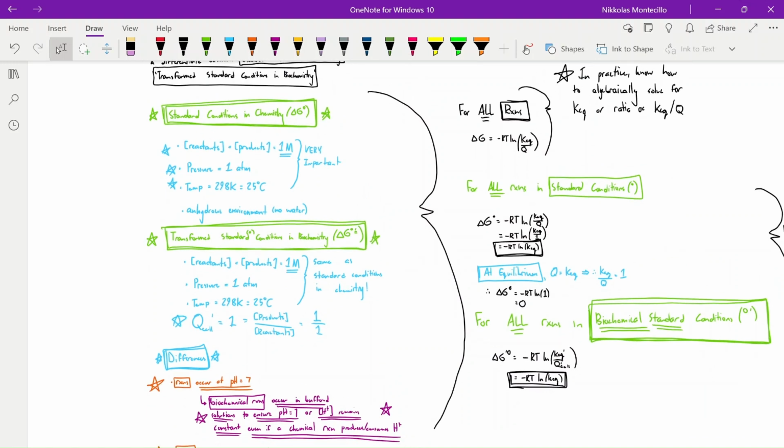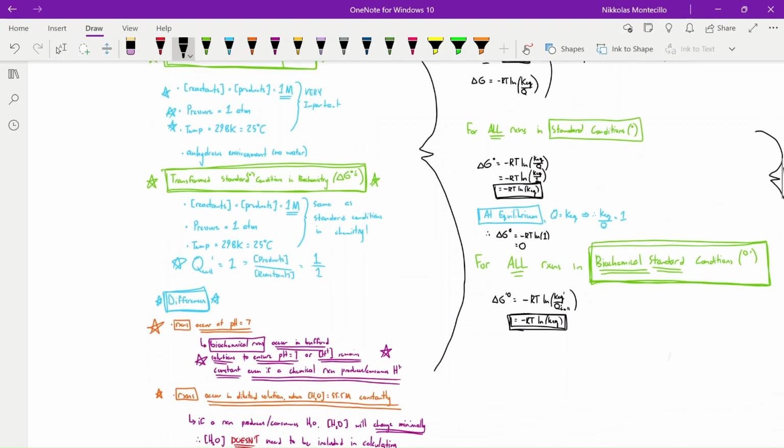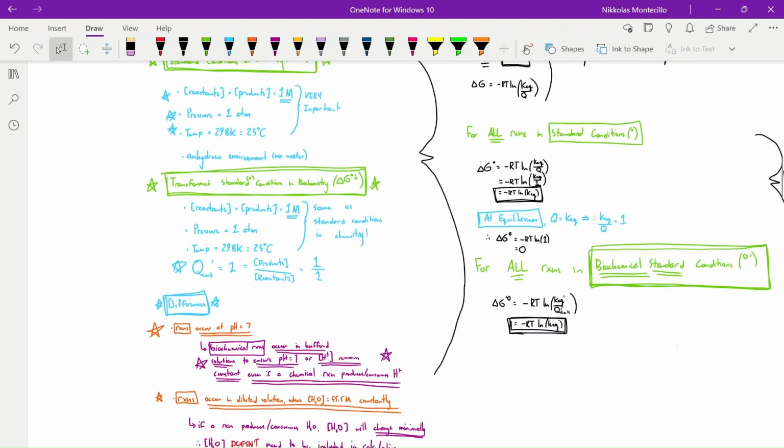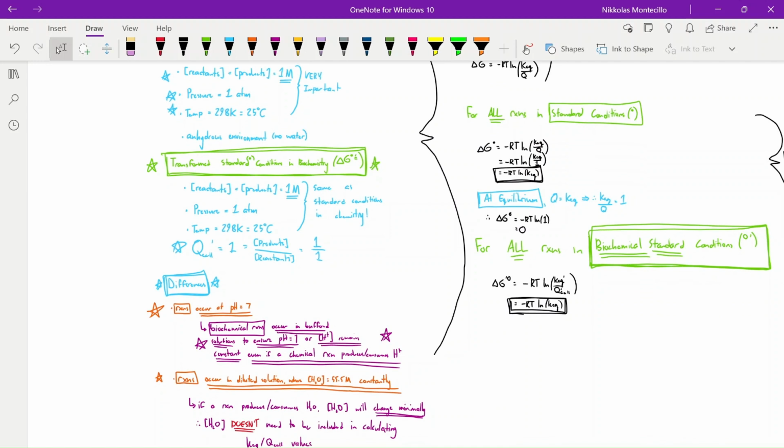As I showed here, the standard conditions in chemistry are the same as the standard conditions in biochemistry, relatively speaking. The difference is that reactions occur at a pH of 7 for biochemical reactions. Biochemical reactions occur in buffered solutions to ensure a pH of 7, so the concentration of hydrogen ion remains constant even if a chemical reaction produces or consumes hydrogen ions.